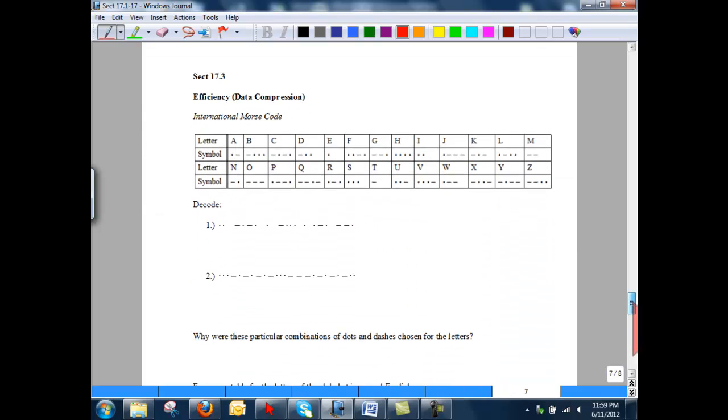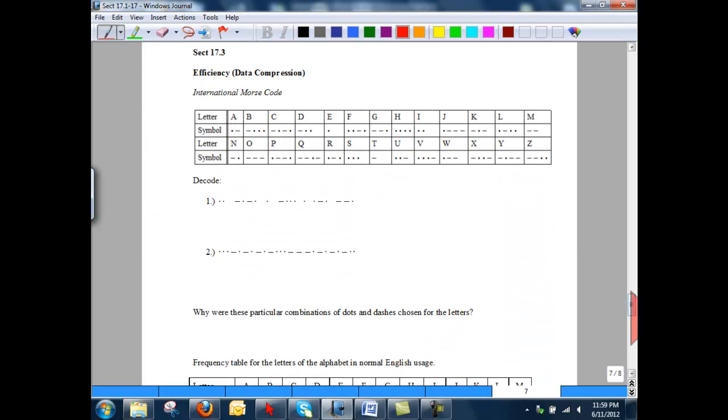Alright, finally let's look briefly at efficiency. This business of using a code that sends information with the minimal number of bits. Before we go to binary codes and discuss this, let's look at another code that's been around a long time, Morse code, which is really a binary code.